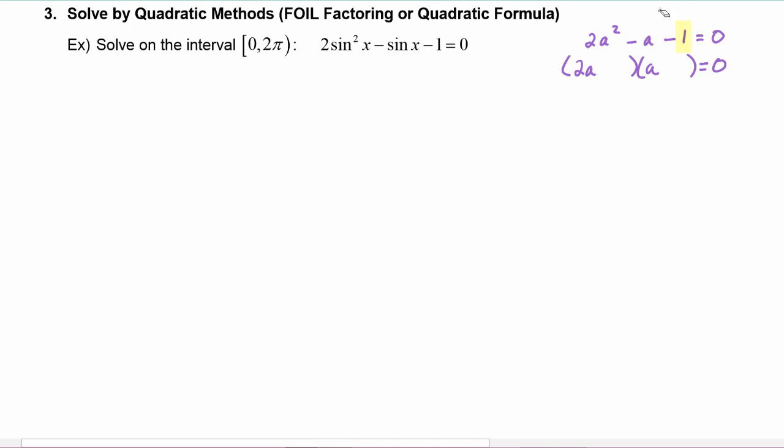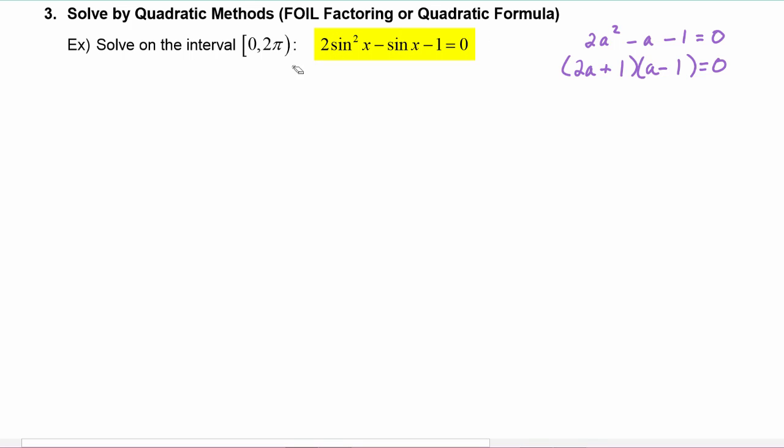In order to get 1, we need a 1 times 1. And then we have to get our plus and minus sign correct based on the middle term. So we need minus a here in the middle. So that tells us the 2a needs to be negative and the 1a needs to be positive. So we will do 2a plus 1 and a minus 1 in order to get the factoring for this.